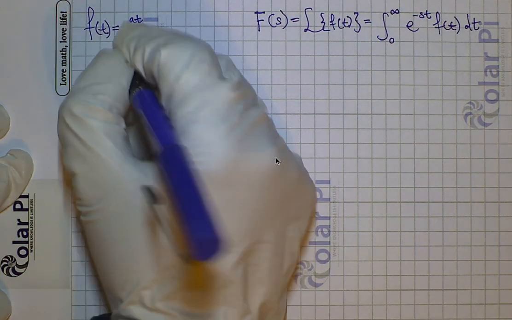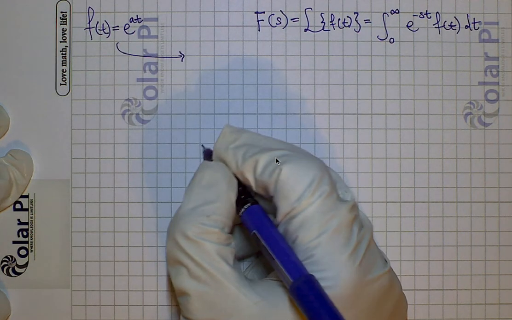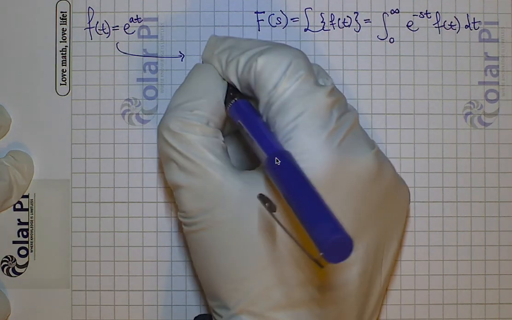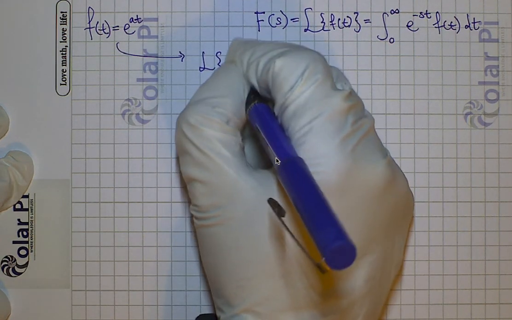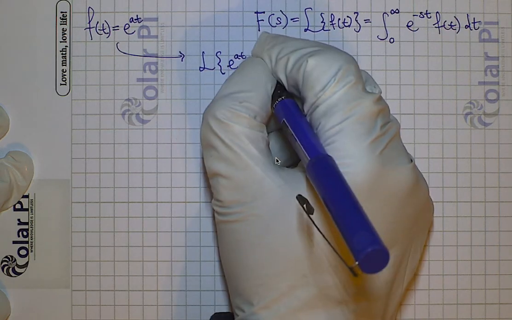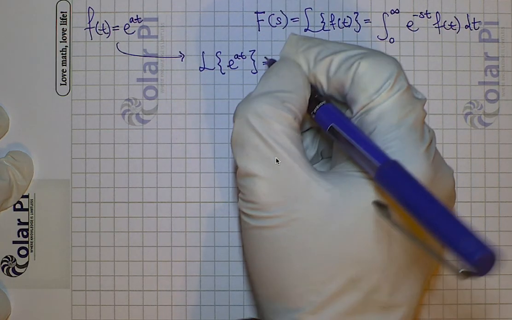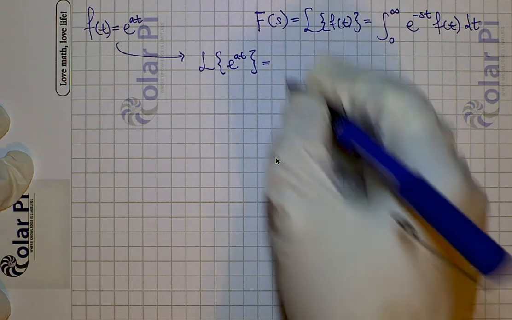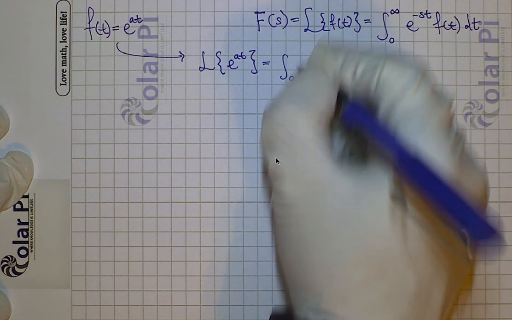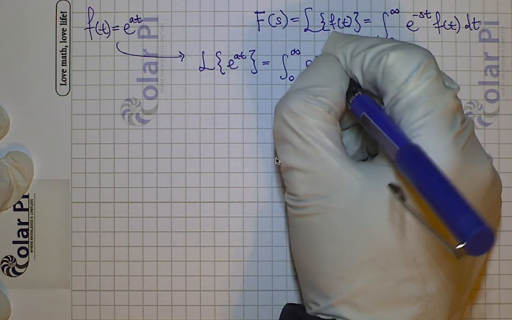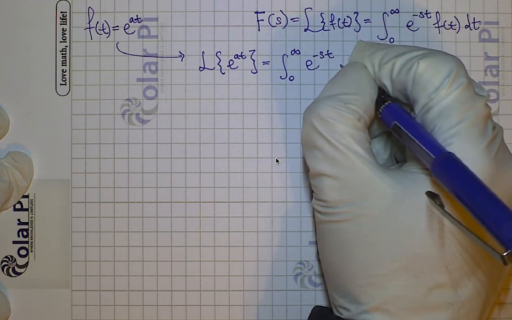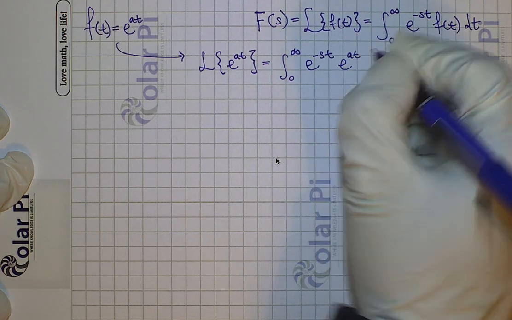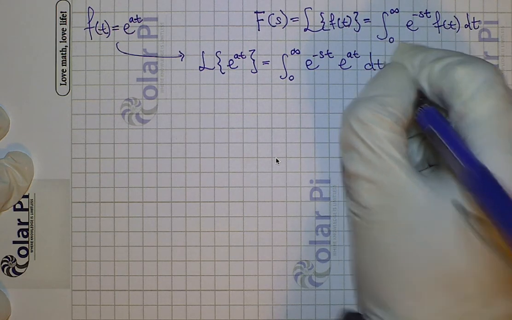So specifically, when the function is e to the at, then we see that L of e to the at, that is F of s for this function, is going to equal the integral from 0 to infinity of e to the negative st times e to the at dt.